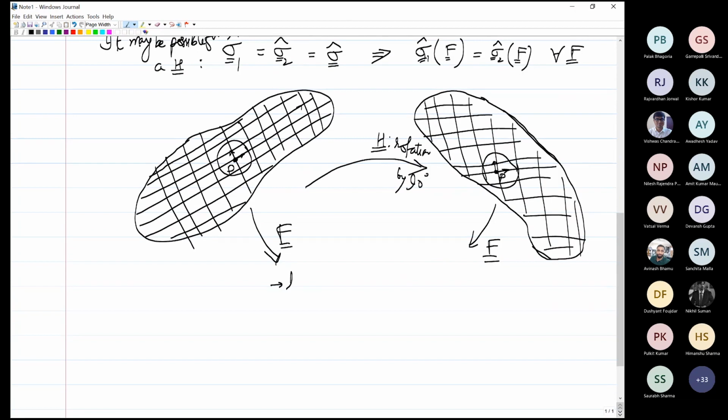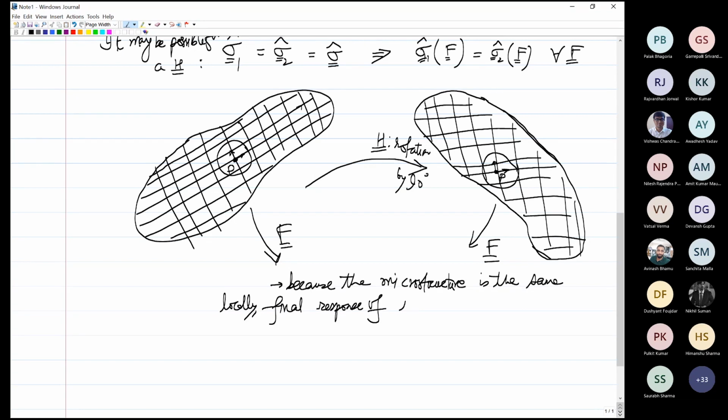So I can say that because the microstructure is the same locally, the final response of the body in terms of Cauchy stress should be the same.